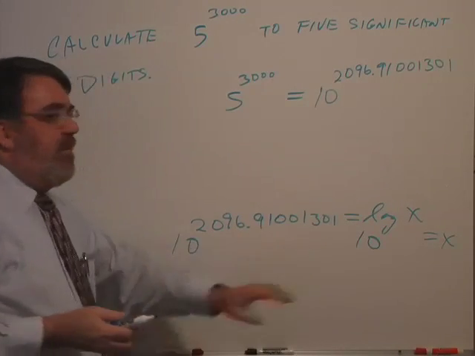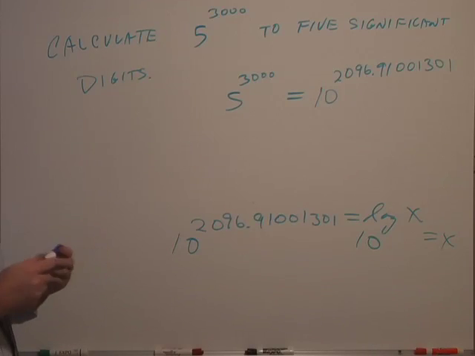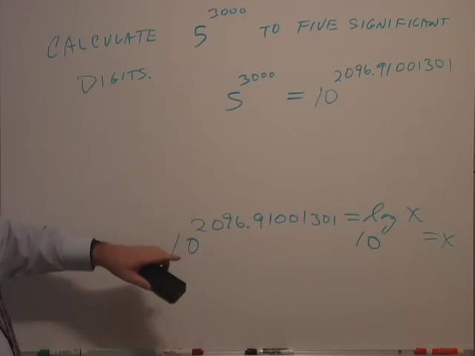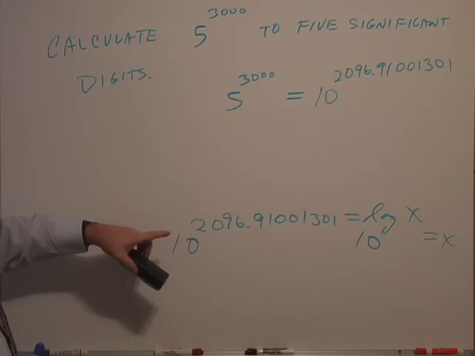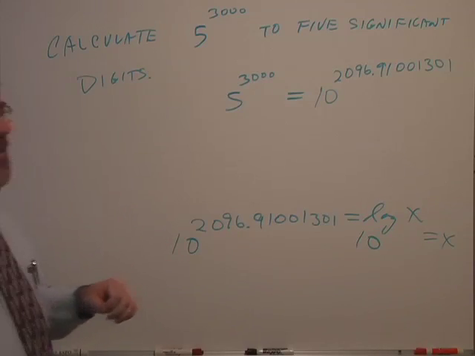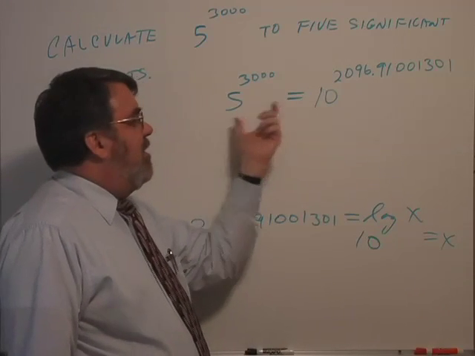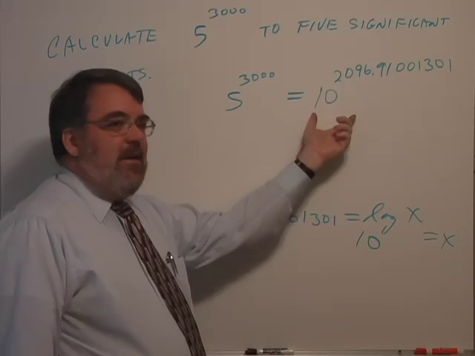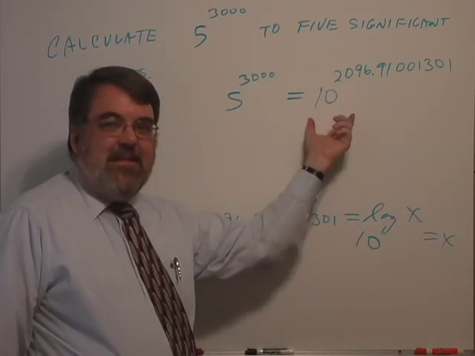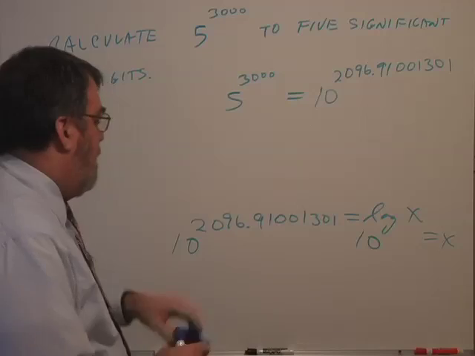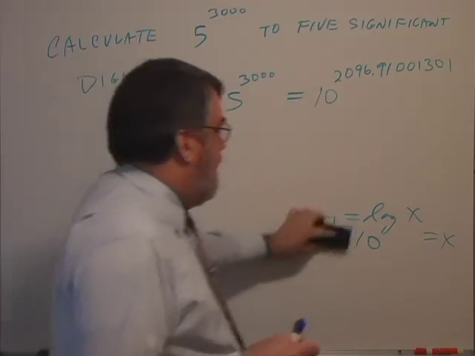So hopefully if you're keeping notes, you've written this down, or you can pause the video and write it down. Alright, so we basically changed this exponent number from base 5 to base 10. And that makes it quite useful for our numbering system and scientific notation.